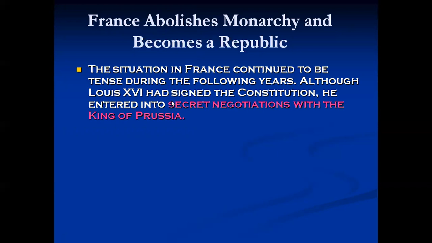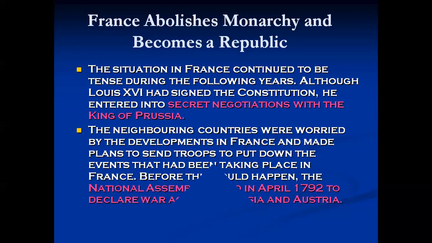Although Louis XVI had signed the constitution, he entered into a secret negotiation with the King of Prussia and the King of Austria.